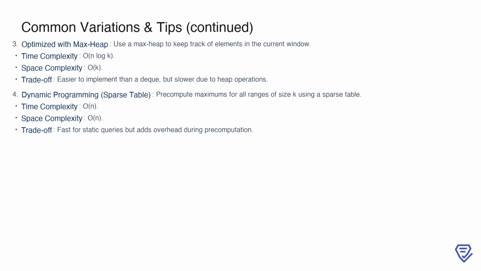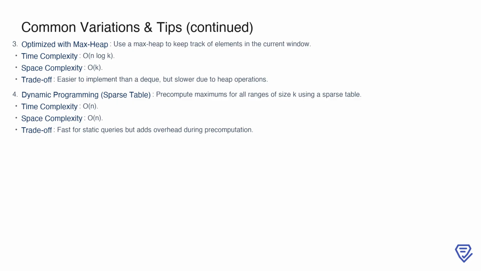Another optimized approach is to use a max heap to track the elements within the current window. This method offers a time complexity of O(n log k) and a space complexity of O(k). While it's easier to implement compared to the deque method, it's slower due to the logarithmic overhead of heap operations. Finally, there's the dynamic programming approach using a sparse table, which pre-computes the maximums for all ranges of size k.